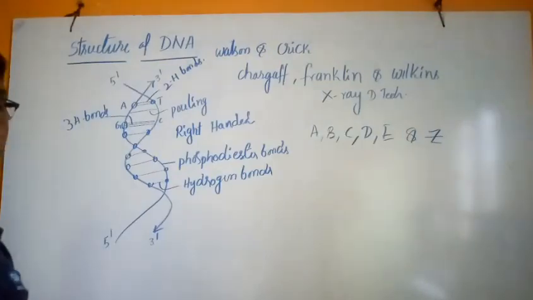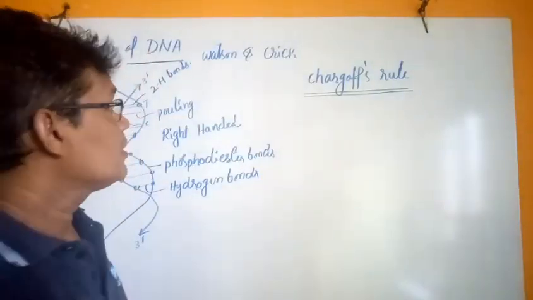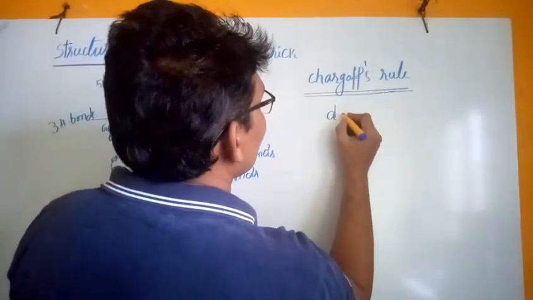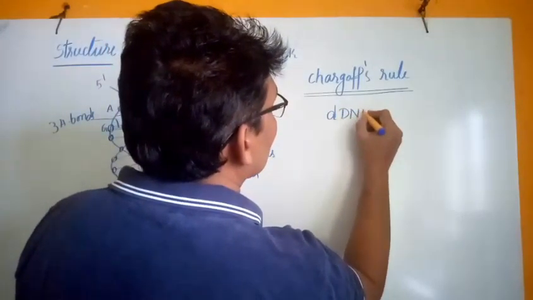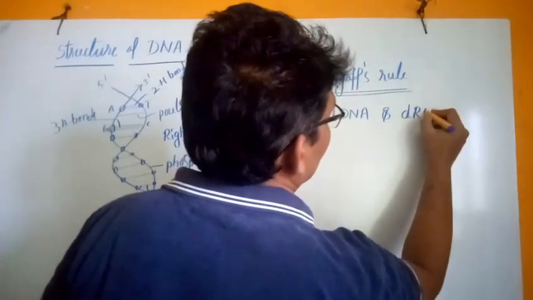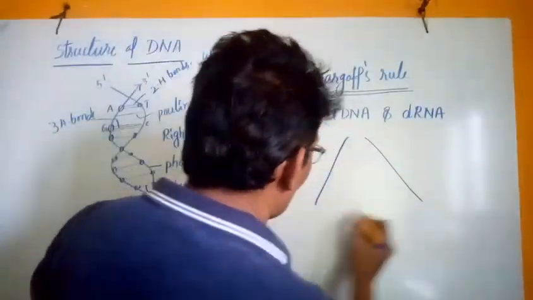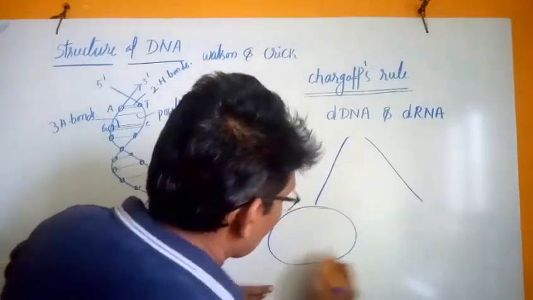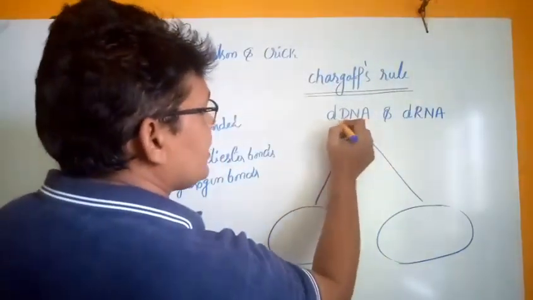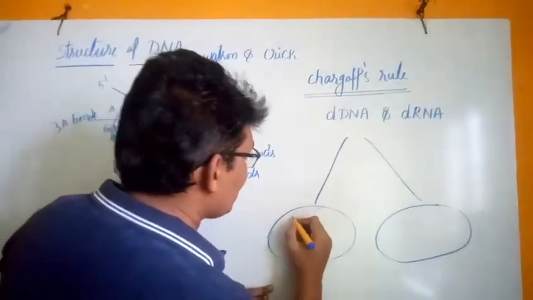The next one is Chargaff's rule. Chargaff's rule generally applies to double-stranded DNA as well as double-stranded RNA molecules. The double-stranded DNA molecule and double-stranded RNA molecule are made up of purines and pyrimidines.